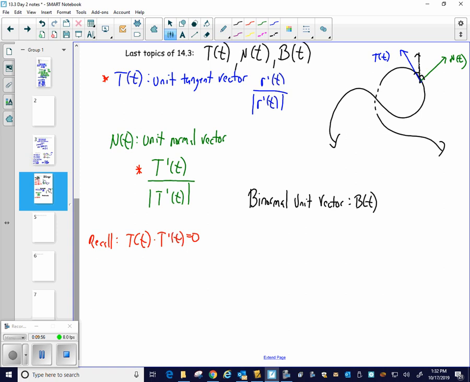If you want to find a vector which is perpendicular to both the tangent and the normal unit vectors, you cross them. So the binormal unit vector is the cross product T(t) cross N(t). That by far is usually the most challenging one to do because you need the other two in order to do it. All right, we have one example of this that I will run through with you guys real quick.